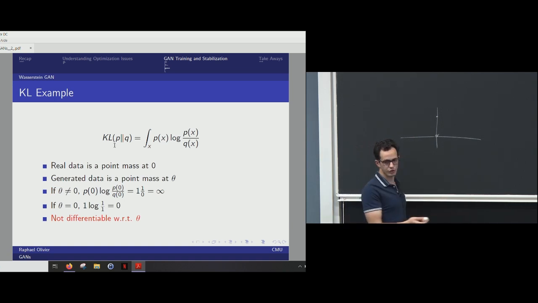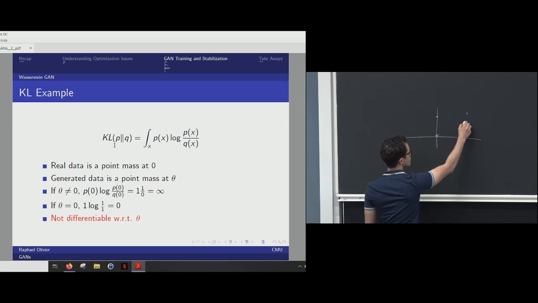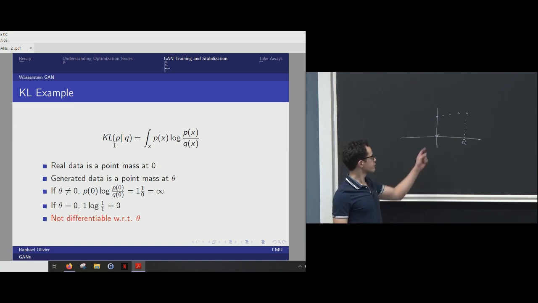And if you look at a bunch of different distributions that are the same thing, but instead of 0, it's theta. Now, from the perspective of the KL divergence, if you look at the KL divergence between these two, it's infinity unless theta is 0, and then it's 0.